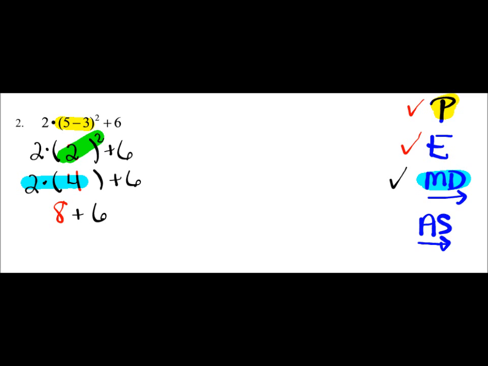Multiplication and division is done. The final thing I'm looking for is addition or subtraction, and I do have addition and subtraction right here. I have 8 plus 6. 8 plus 6 is 14. And so the final answer that I have here is 14.